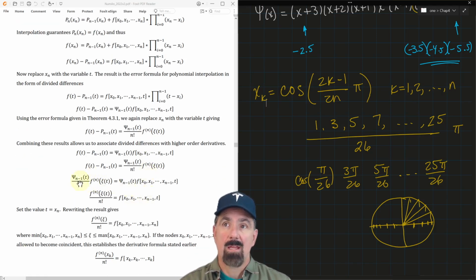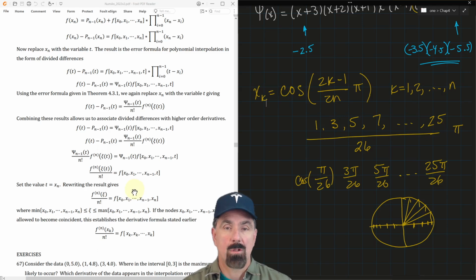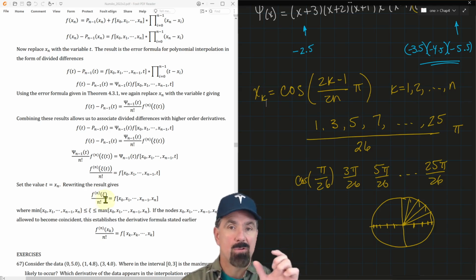And when we equate the error formula that we talked about in section 4.3 along with the error formula that's derived up here that comes from divided differences, we set those two equal to one another, and what we end up with is yet another look at one of the important results of divided differences, which is this whole idea that this divided difference with n plus 1 points is equal to the nth derivative of the function evaluated somewhere inside of those nodes divided by n factorial.